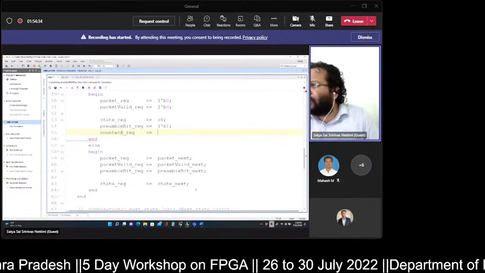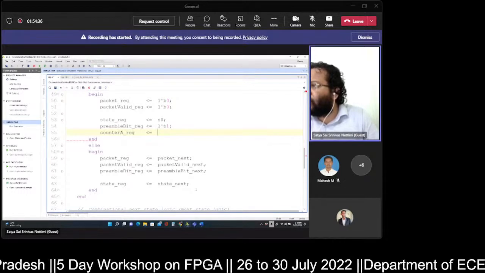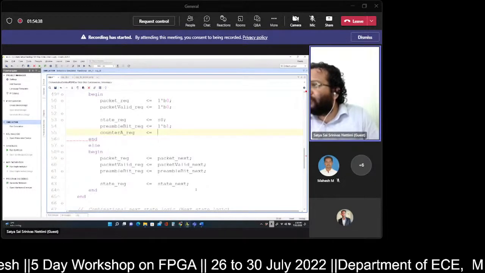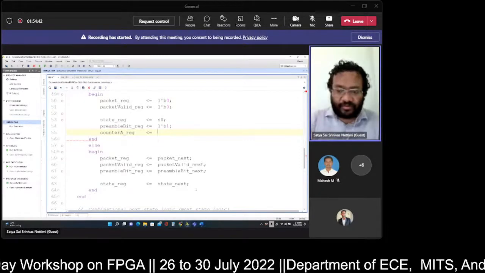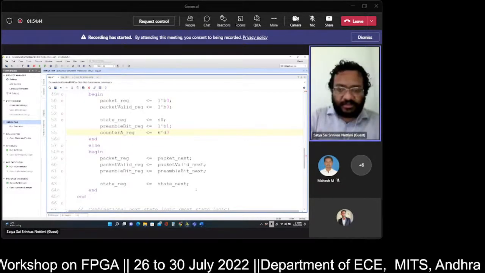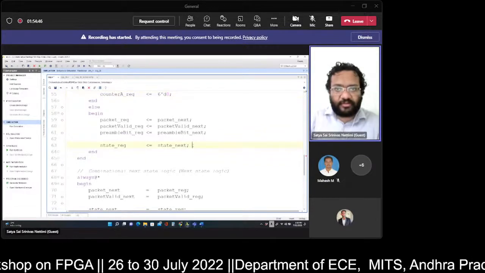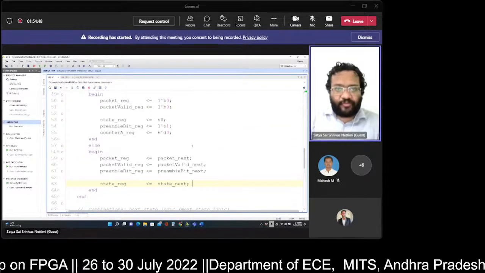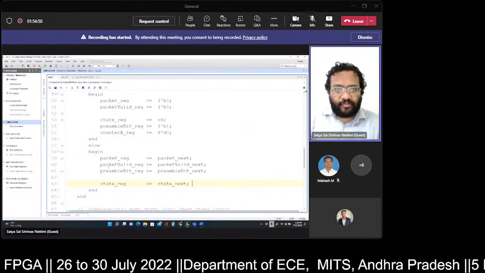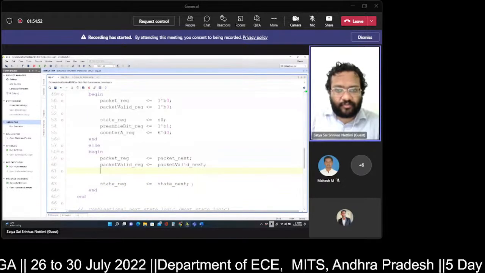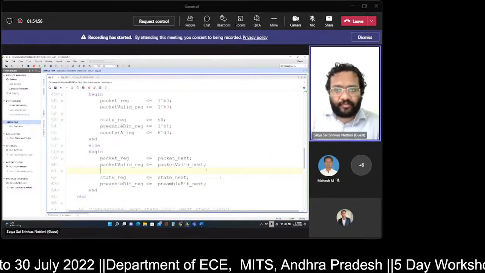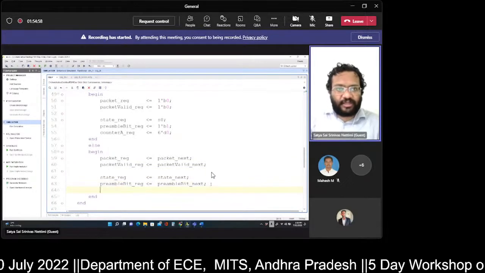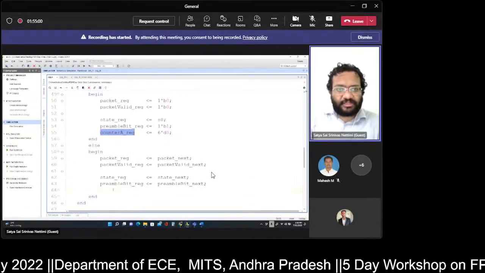So when reset is applied, the counter is reset to 0.